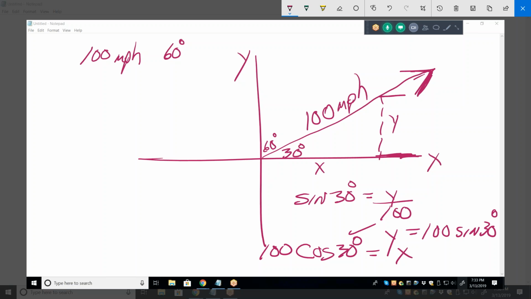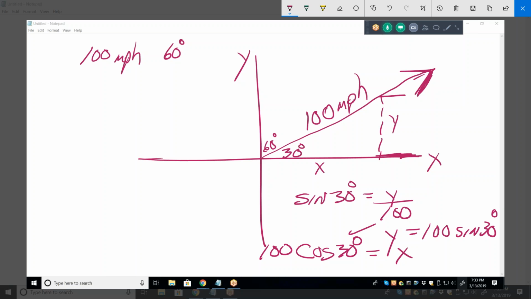What is its horizontal speed? 100 times the cosine of 30? Correct. Cosine of 30 is √3/2, so it's 50√3. So it's going faster horizontally than it is vertically, but that's what you would expect. It's closer to the x-axis than it is to the y-axis. If that was a 45-degree angle, it would be going equal.